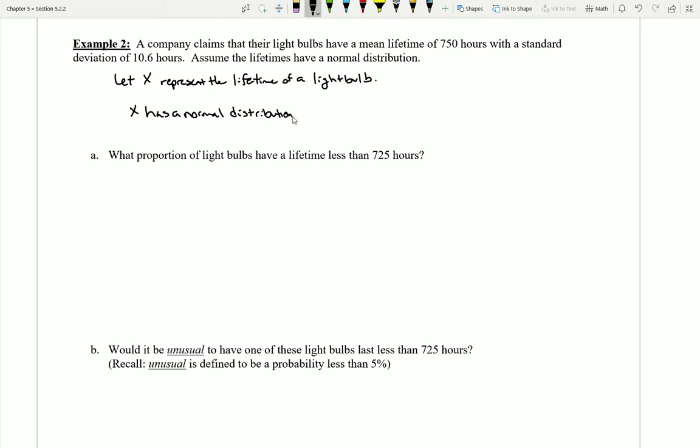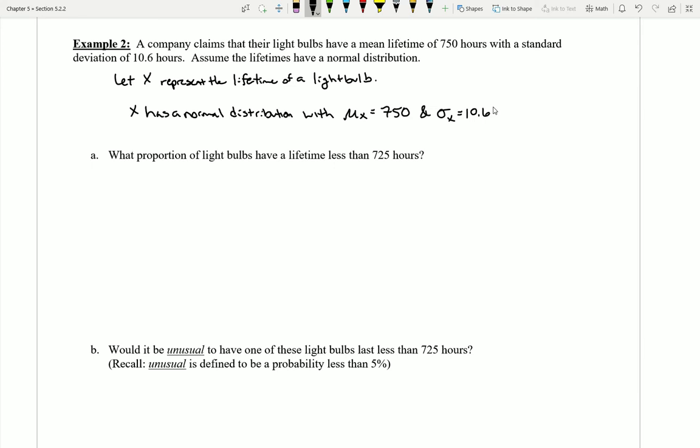And I can also state the important parameters: a normal distribution where the mean is 750 hours and the standard deviation is 10.6 hours. So again, I'm just progressing right down that formula sheet.